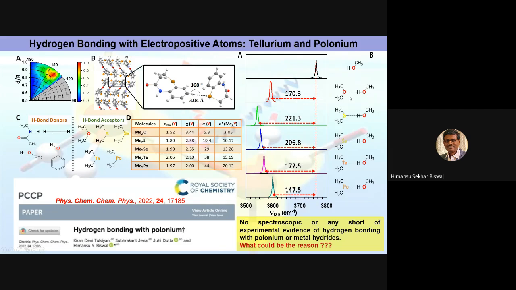Okay, so this is well known. The methanol and dimethyl ether dimer is well known. Dimethyl sulfide is also well known. Sulfur is still more electronegative than hydrogen, so it is acceptable. Selenium has almost the same electronegativity as hydrogen, but tellurium and polonium are not the same.